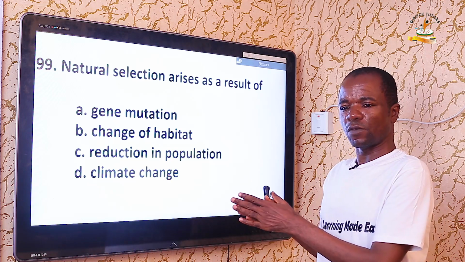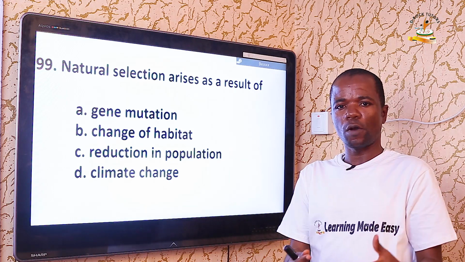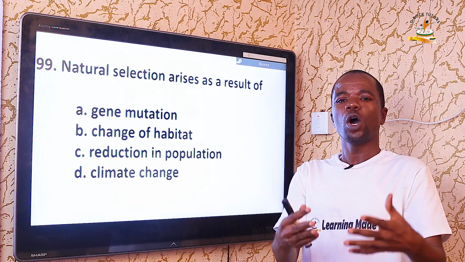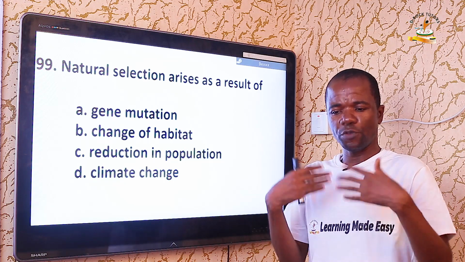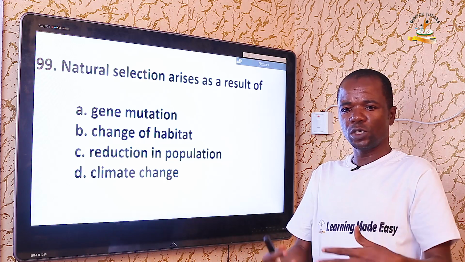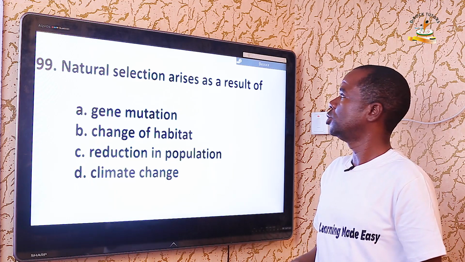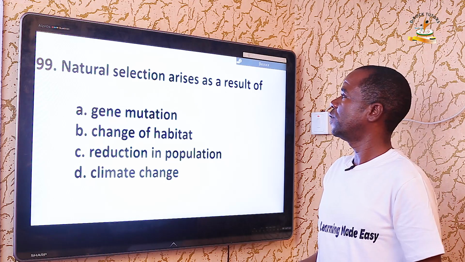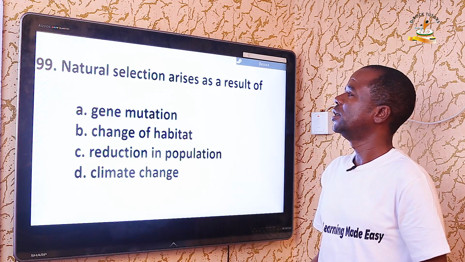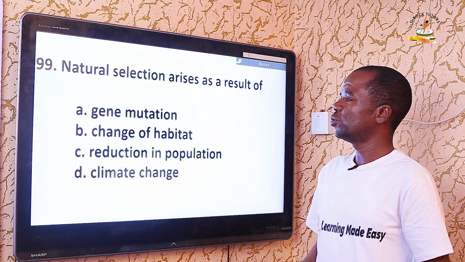Now, organisms that survive will pass on the gene to the offspring, and these genes undergo mutation along the way. So gene mutation is the major effect of natural selection. So that's option A.